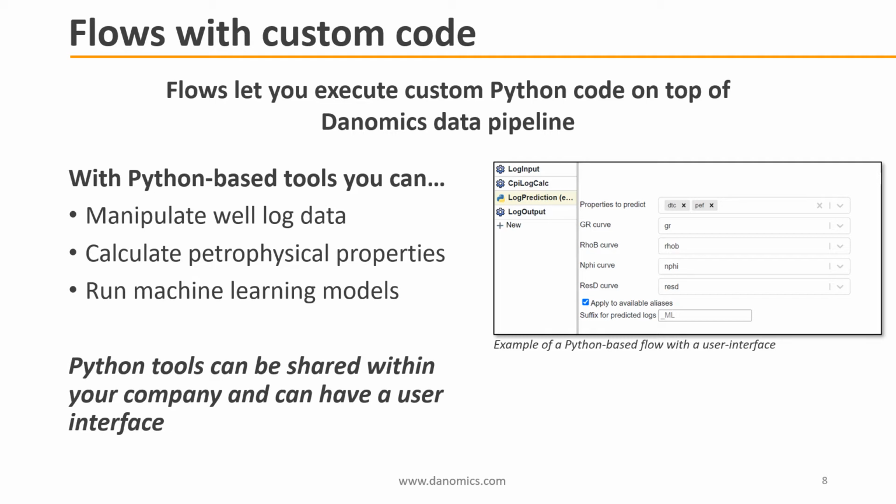In these Python tools, we've put a lot of effort into really helping you unlock the innovations within your company. So you can do things like share out your Python flow tools, and even build out a user interface on those. That way, if you have a power user that is writing the Python code, they can then share that with users that don't want to have to deal with the code, but still want access to that tool's capabilities.